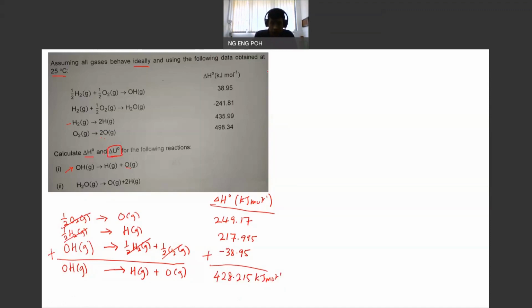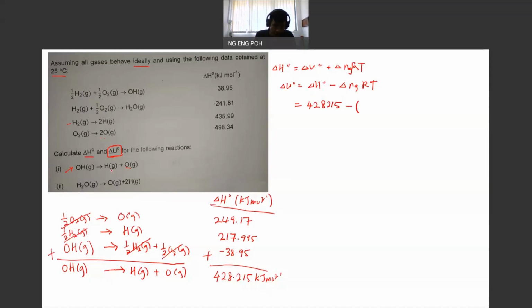Now, you need to find out also the delta U naught. Just now you calculated the delta H. Delta H naught equals delta U naught plus delta N gas RT, so delta U naught equals delta H naught minus delta N gas RT. Delta H naught is 428.215 minus delta N gas.